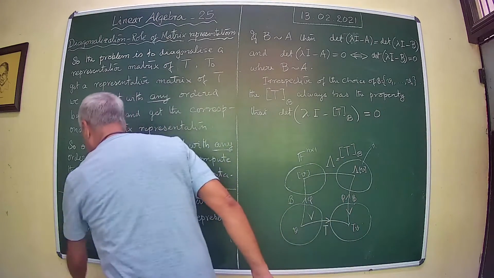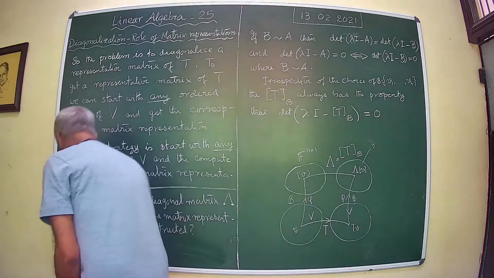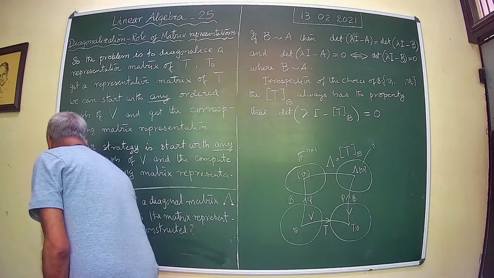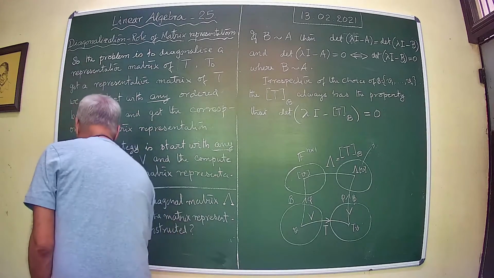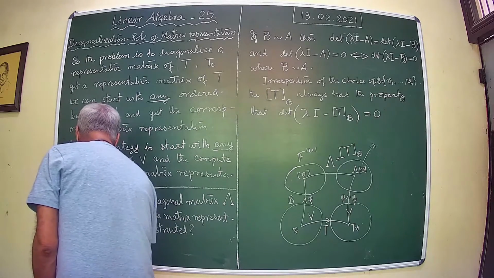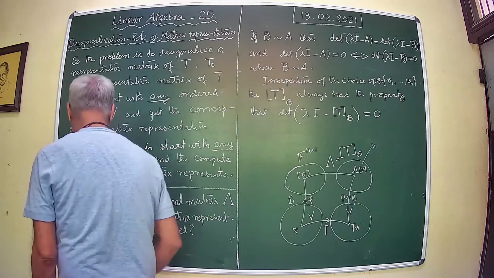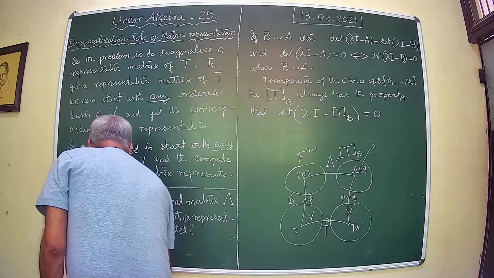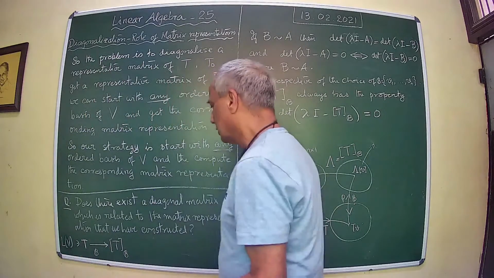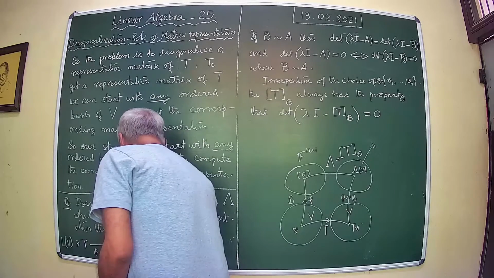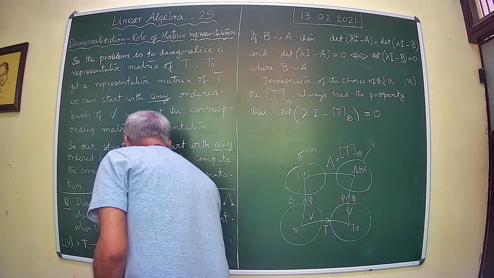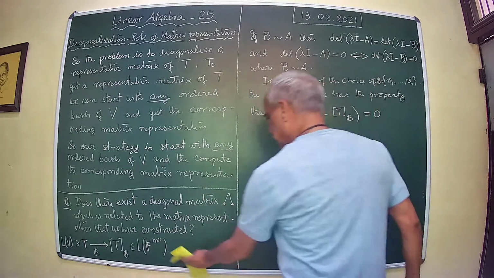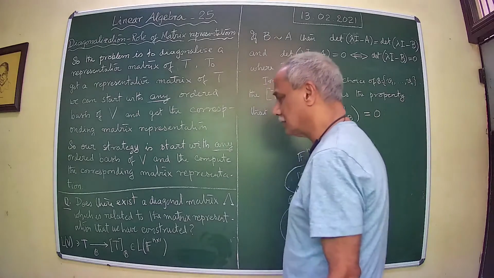So our strategy is this: we have T belonging to L(V), then choose some ordered basis B, then you have the matrix of T with respect to B. So now you are already in matrices. Now you are asking, can you diagonalize? Does there exist a lambda?